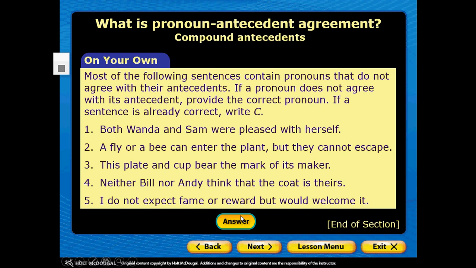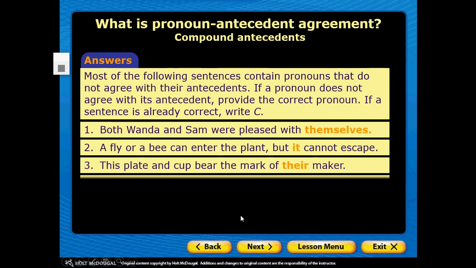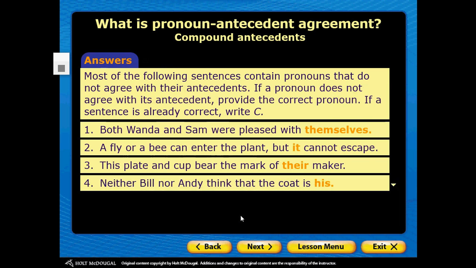But let's just have a look. No, I'm wrong because Bill nor Andy, they're singular, so I couldn't say theirs, could I? Because that would be referring to both of them. So we have to use the singular pronoun his. Both are male. Bill and Andy are male. So we have to use his.